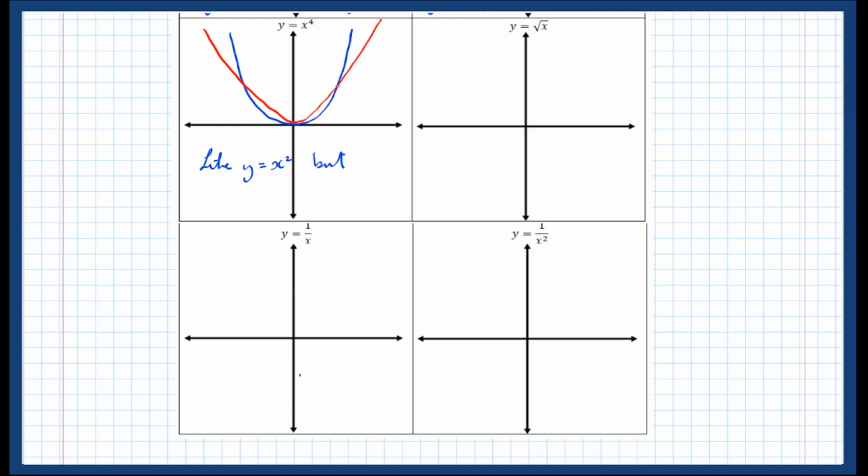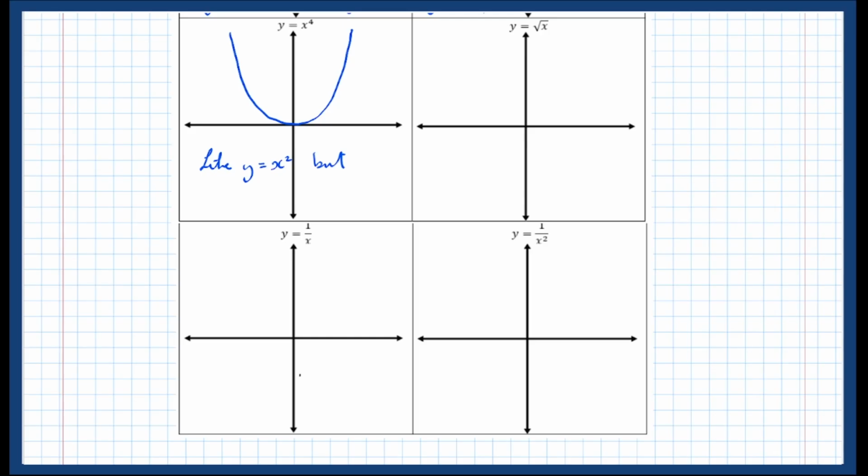So it would look something like that, crossing at 1, 1, and minus 1, 1, like that. But we only know the shape of the x to the 4 graph for the purposes of this question, so there it is there.